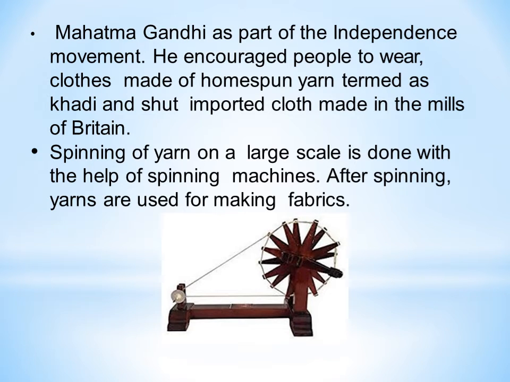Mahatma Gandhi, as a part of the independence movement, encouraged the people to wear clothes made of homespun yarn termed as khadi, and he shunned imported clothes made in the mills of Britain. Spinning of yarn on a large scale is done with the help of spinning machines. After spinning, the yarns are used for making fabrics.